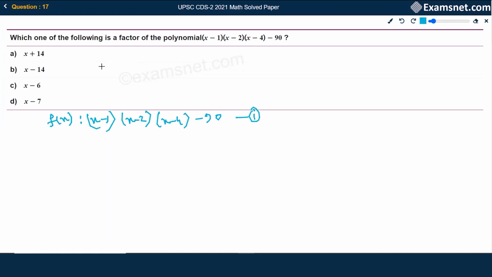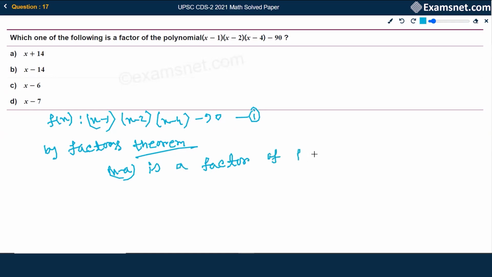In the given options, the factors are x plus 14, x minus 14, x minus 6 and x minus 7. By the factor theorem, x minus a is a factor of the polynomial f of x if f of a equals 0.